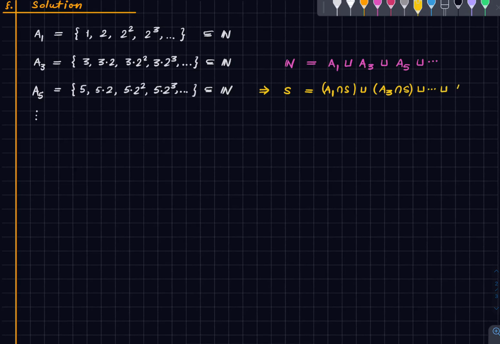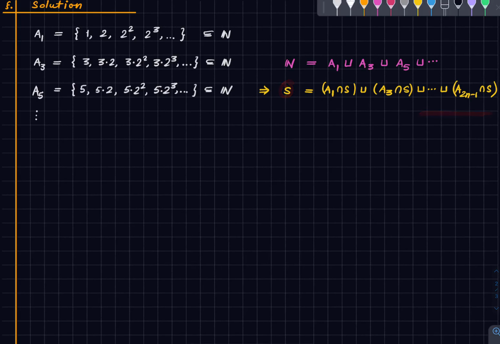We will be exhausted by the time we reach here. Because if you go any further, A(2n plus 1) intersection S, that thing is empty. A(2n plus 1) has numbers strictly greater than any number in S. So all the further intersections are empty, so we are not writing that.